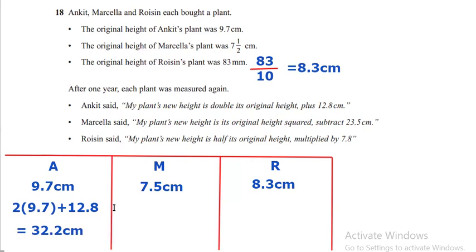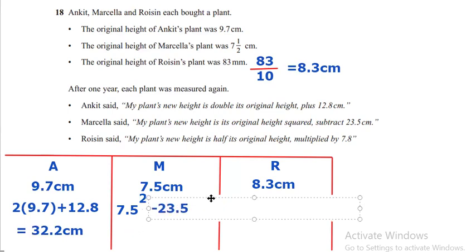Now let's come to Marcella's plant. What should she say? I'm sorry. My plant's new height is its original height squared. Subtract 23.5. The meaning of squared means what? It means power of 2. Very good. So we're going to take 7.5 and then we will write power of 2 on top of it, like this. So the original height squared and then subtract 23.5.